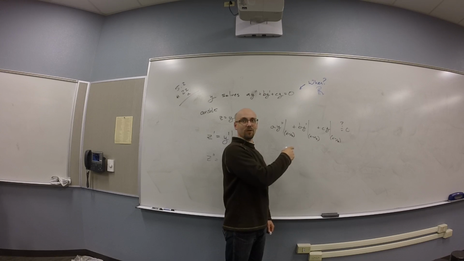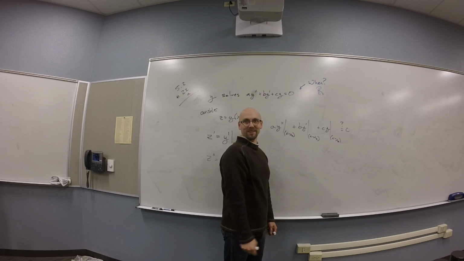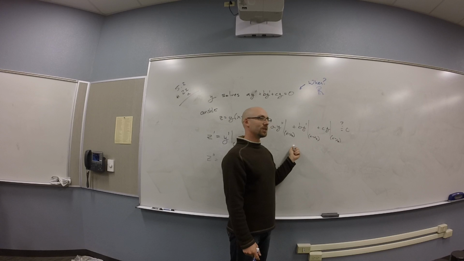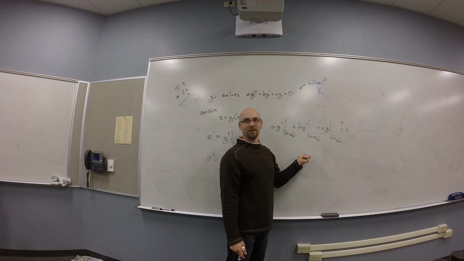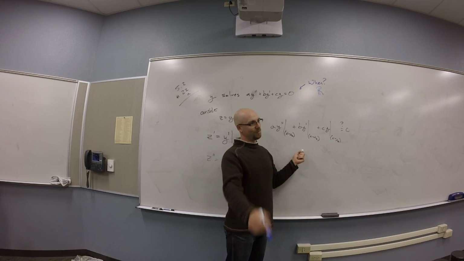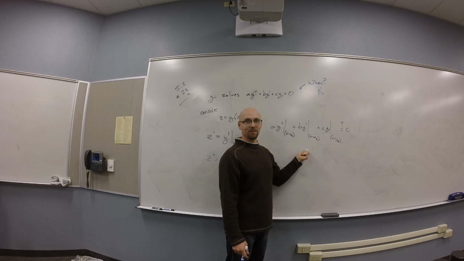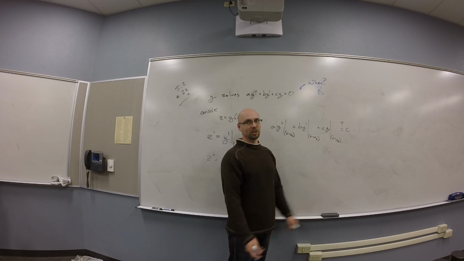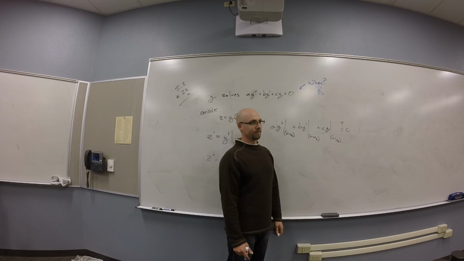But what's it going to do to the interval? It's just going to shift it around too. So if this was valid on some interval from A to B, then this would be valid on some interval from A hat to B hat, where A hat and B hat are functions of A and B and x naught. And you can figure out what the shift is if you want. Cool?